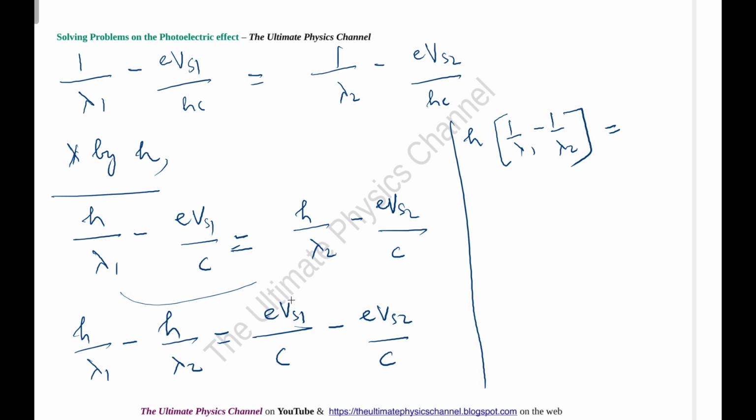Of course, we know the values for these two, right? V S 1 and V S 2. V S 1 is given as 1 volt, and V S 2 is given as 2.3 volts. So if you take e over c as a common factor and subtract this, we get negative 1.3 e over c on the right hand side.